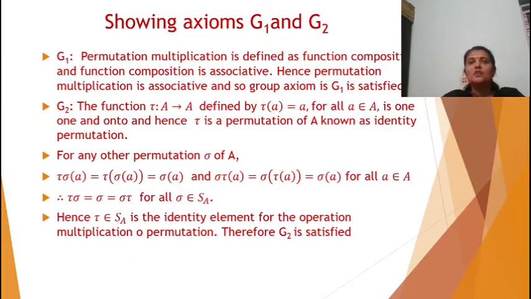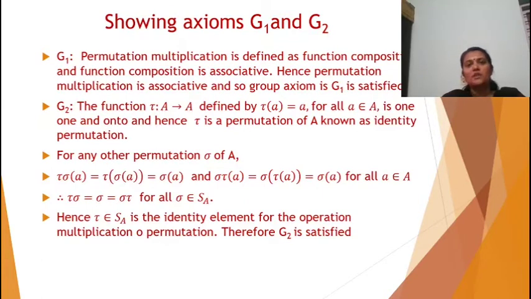Now we have to define the identity permutation. We define the function tau from A to A by tau of A is equal to A for all A element of A, which is 1-1 and onto. Hence tau is a permutation of A, known as the identity permutation.